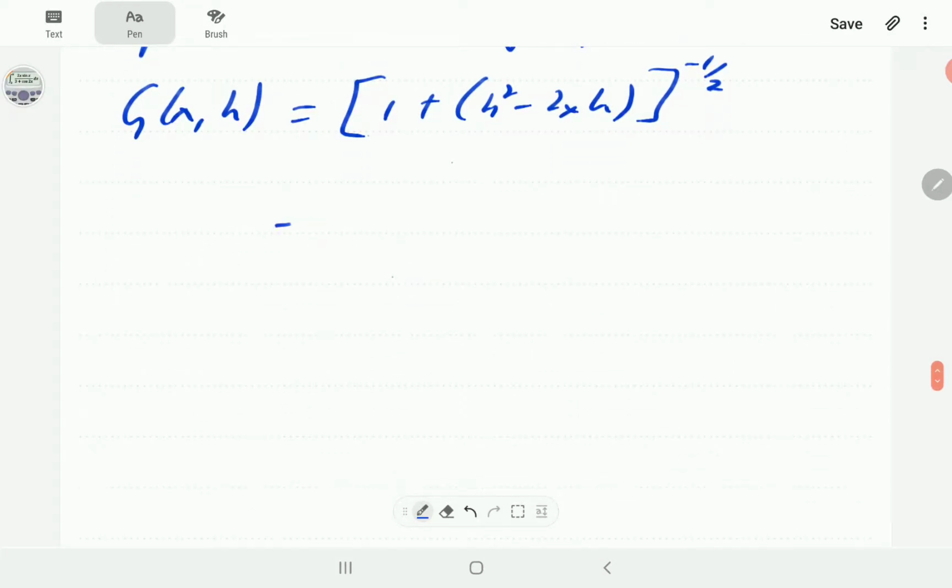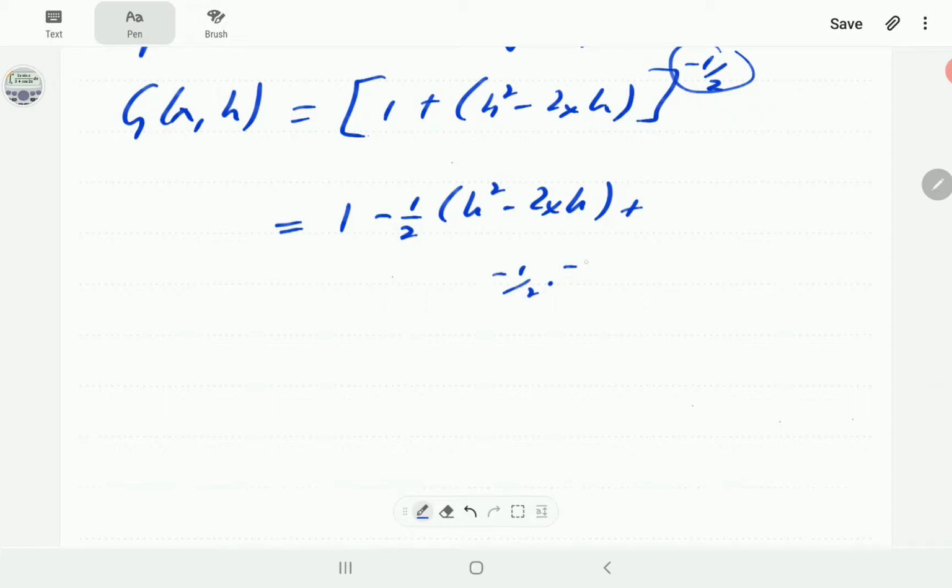Using the binomial theorem, the first term is simply 1. Then the second term is minus half, h squared minus 2xh. Then the next term is minus half times minus 3/2 over 2, then we're going to have h squared minus 2xh squared.